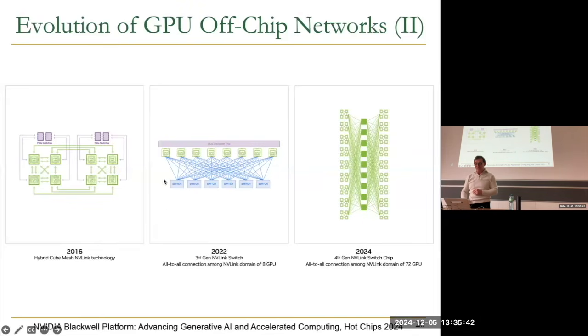And then they went to all-to-all connection within 8 GPUs over here. And then they decided to do 72 GPUs over here with some indirect routers. These resemble what we have seen in the last lectures, right? And these are not new, clearly. These are old concepts. But as the scale of the workload evolves, they need better communication mechanisms.